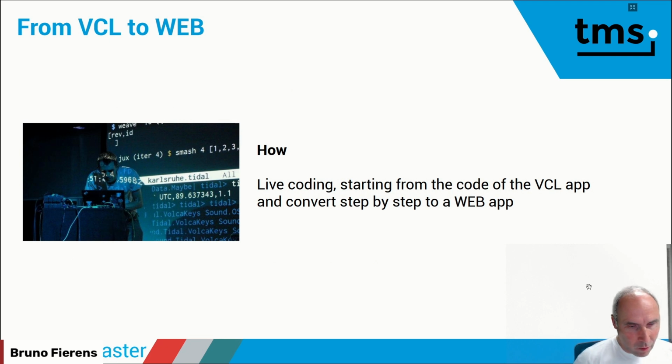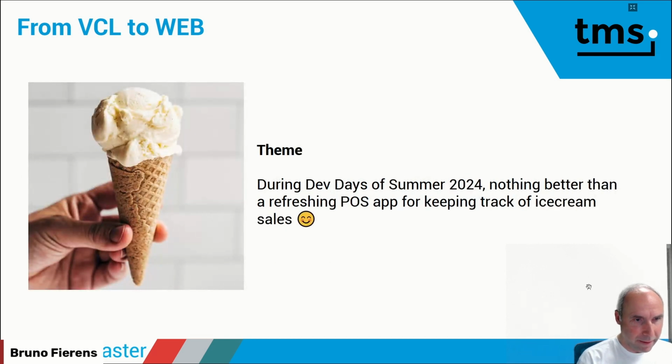And so how are we going to do that? I will do everything live. I will start from scratch with zero code in the web project, and we will build it up step by step during this webinar.